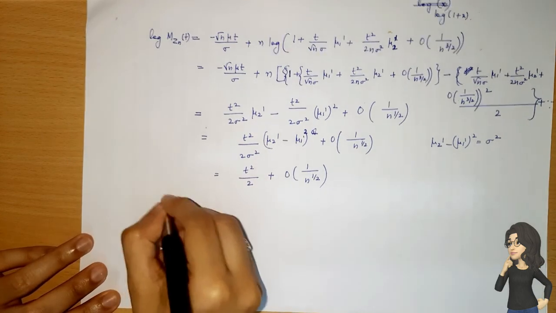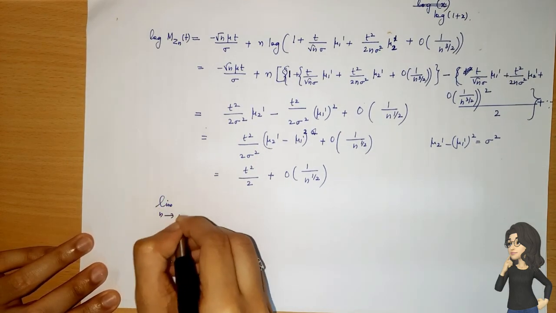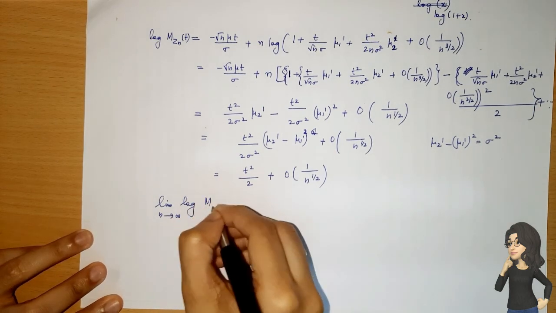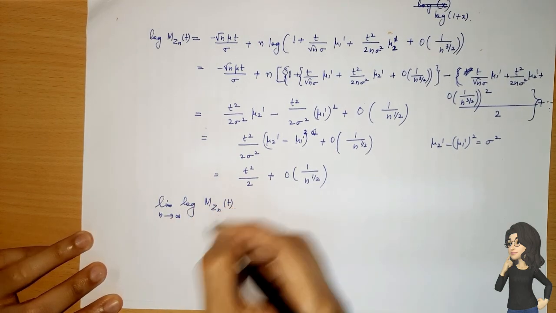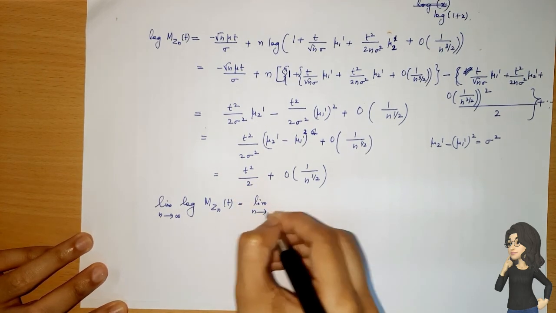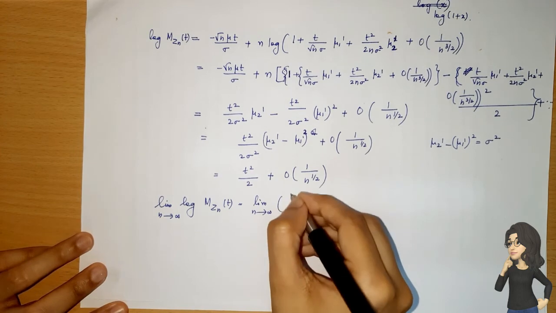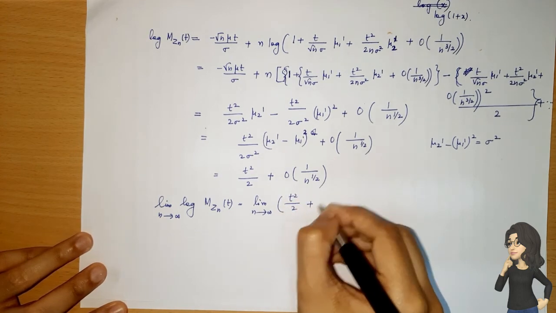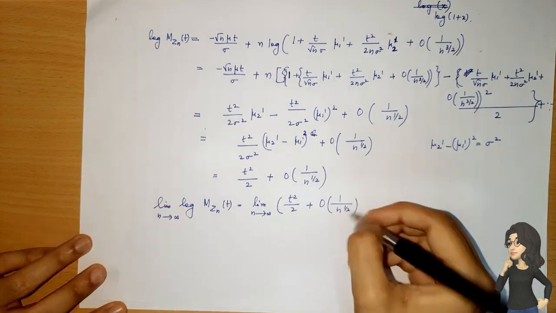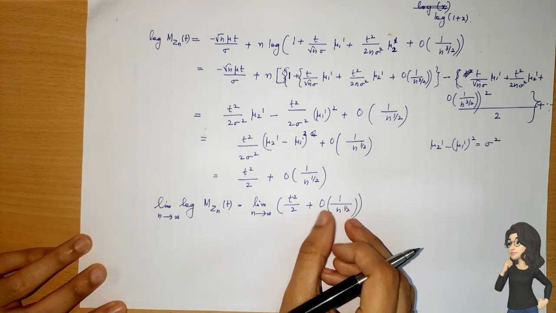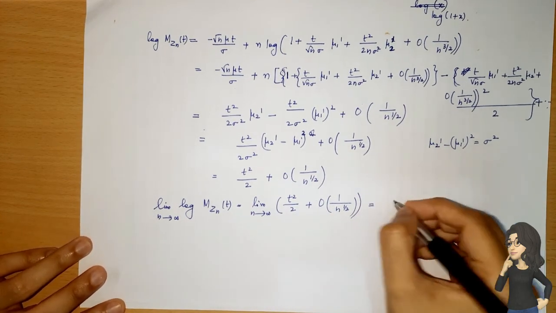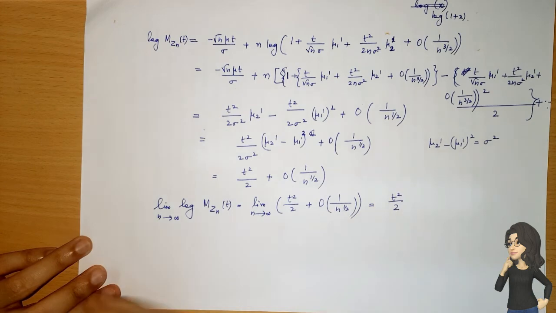And limit n tends to infinity, log of M Zn of t will be equal to limit n tends to infinity t square by 2 plus O of 1 by n raised to 1 by 2, which is equal to, this order term as n tends to infinity will be 0. So this is equal to t square by 2.